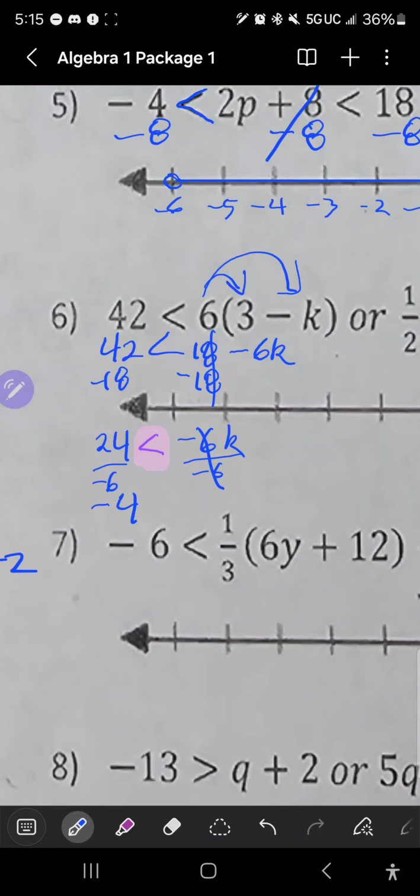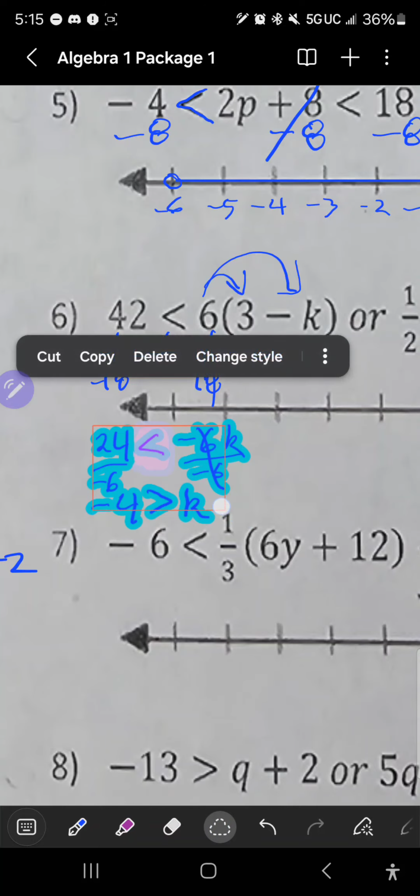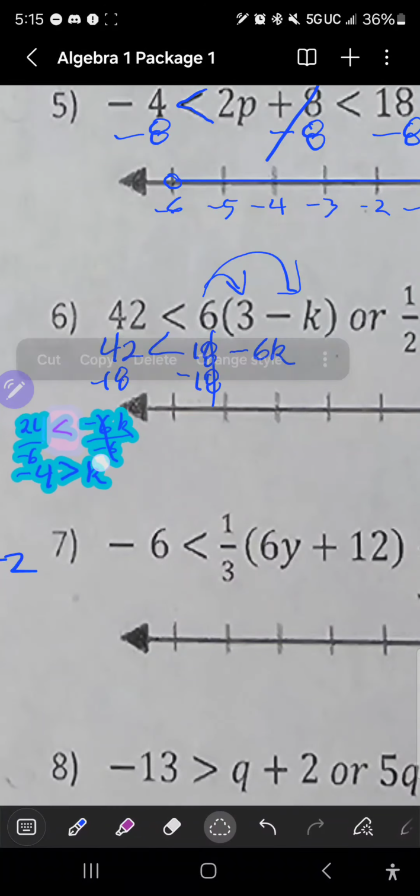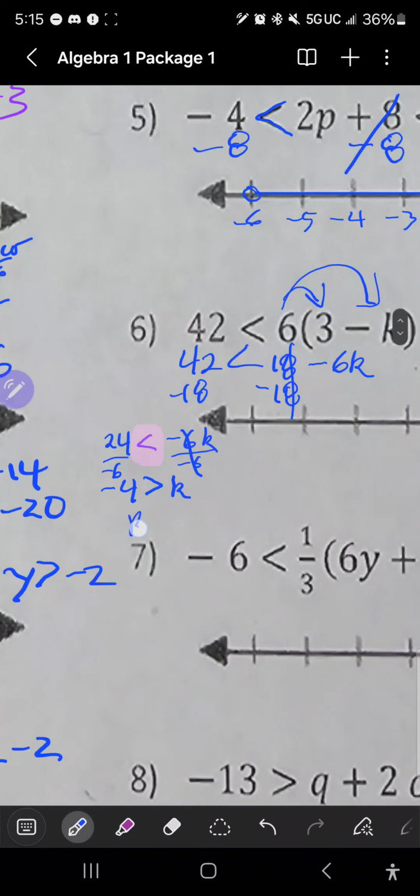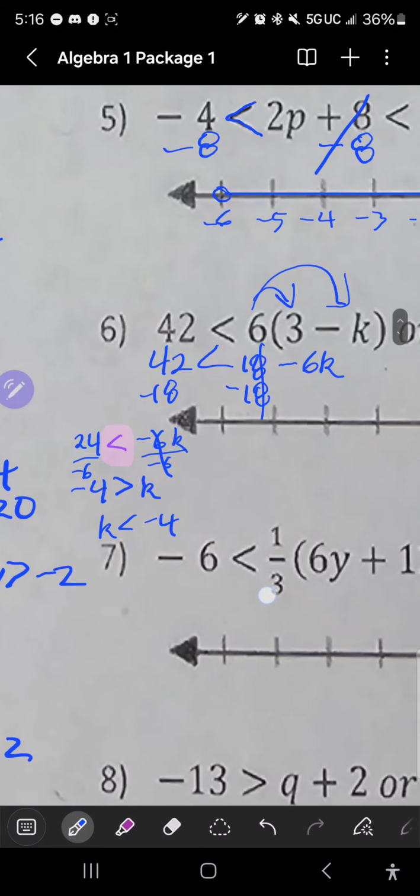And since we divided by a negative number, now it's going to be -4 is greater than k, which can be written, as I explained a few minutes ago, as k less than -4. It's like reading it from right to left.